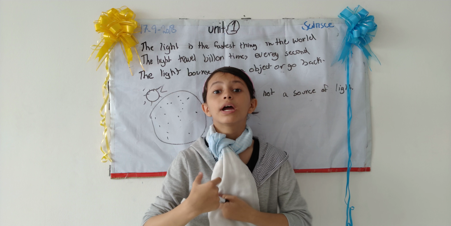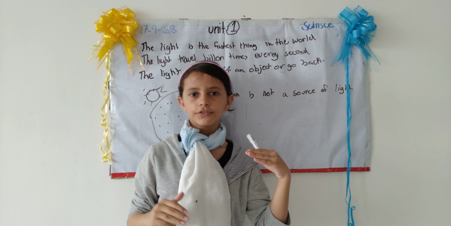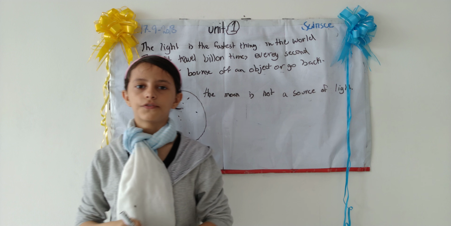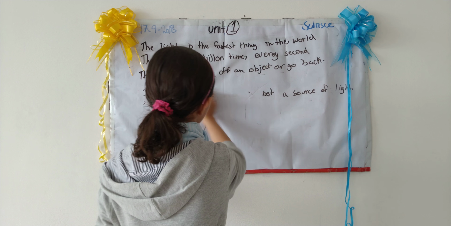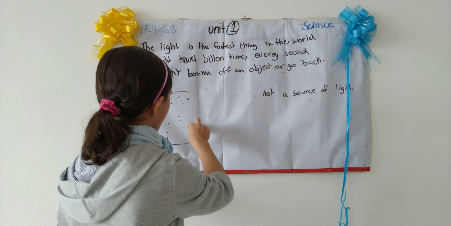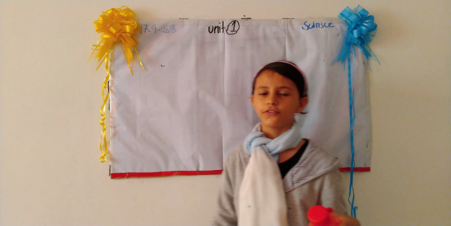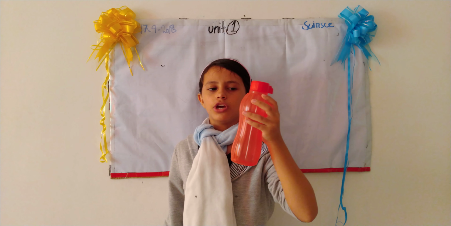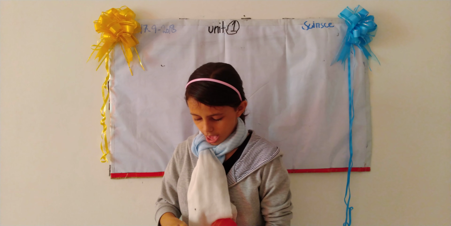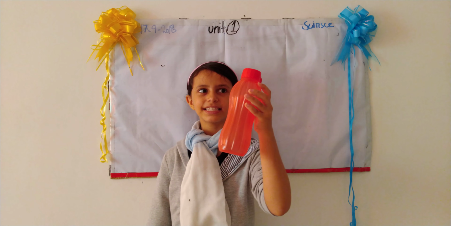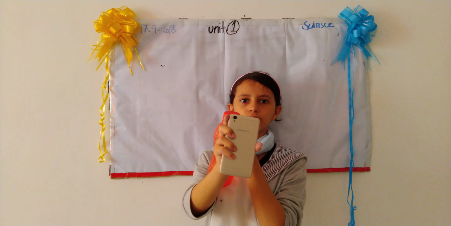Okay, now let's write some examples of artificial light and sources of light. Let's imagine this is the moon, or this is a mirror, because the moon is a giant mirror in the sky. After the sunset, here we have the sun and here we have the moon.